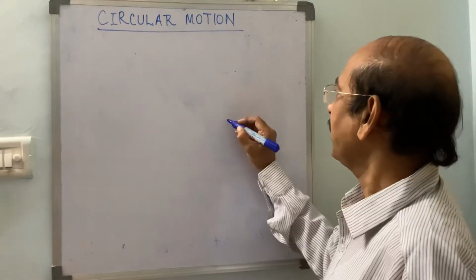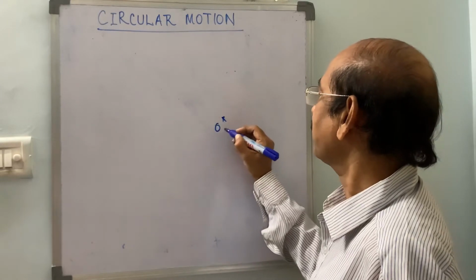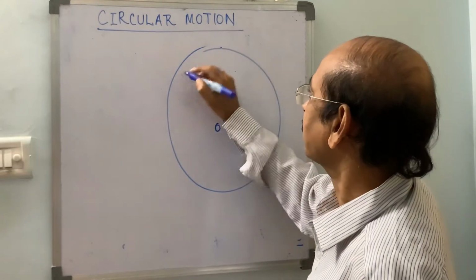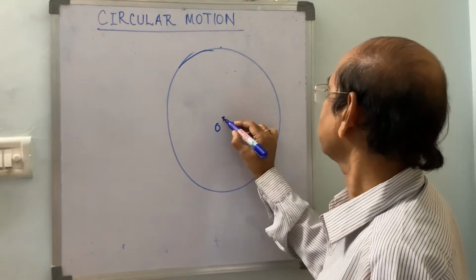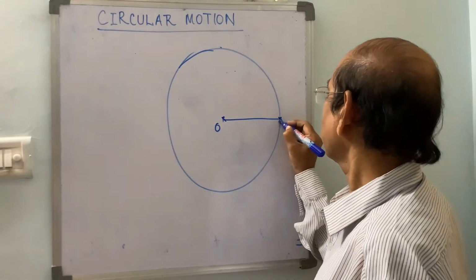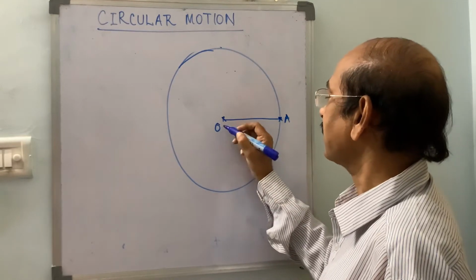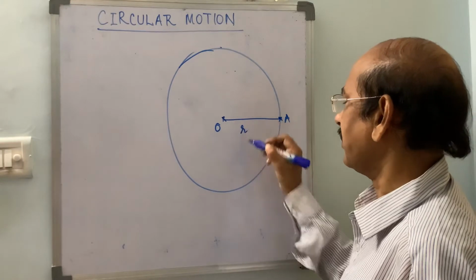So when a body is moving along the circumference of the circle with radius r and center O, the line joining the body and the center of the circle is called radius or radius vector r bar.